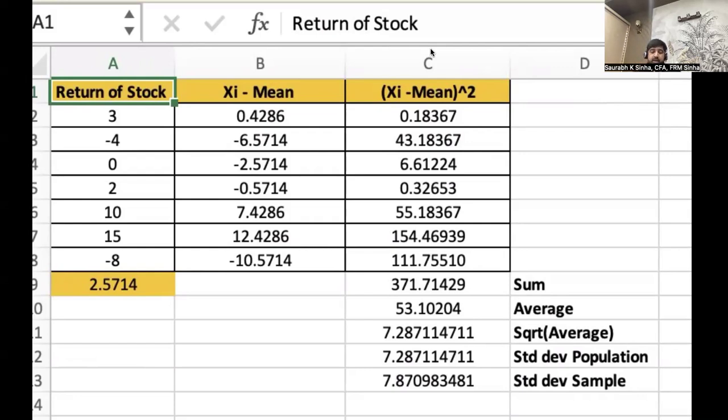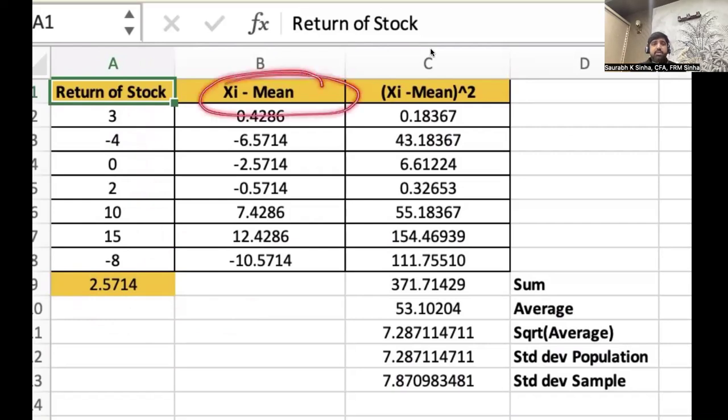The returns of the stock were 3%, minus 4, 0, 2, 10, 15, and minus 8. Here I have applied the formula of average, and the average we got was 2.5714, the same as produced by Excel.